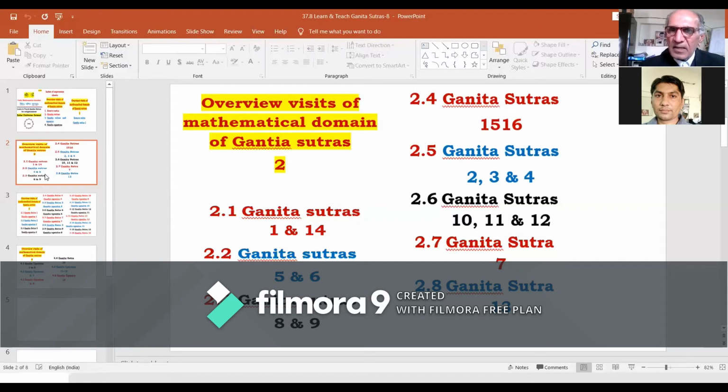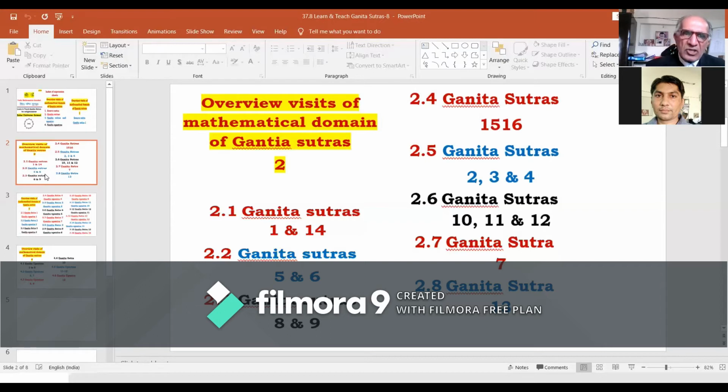Step ahead, Ganita Sutras 15 and 16 as well are availing 16 letters each. These 5 sutras, namely Ganita Sutra 1, Ganita Sutra 8, Ganita Sutra 9, Ganita Sutra 15, and Ganita Sutra 16, are of 16 letters range.